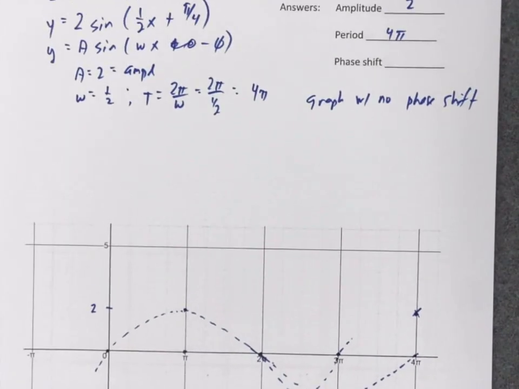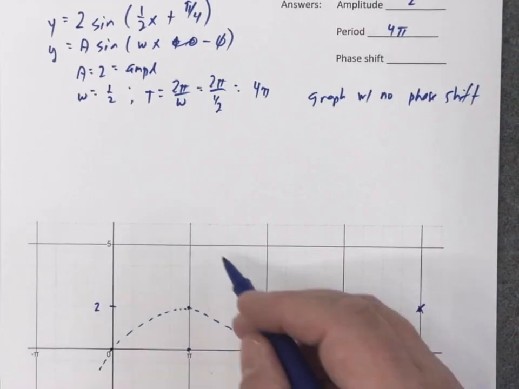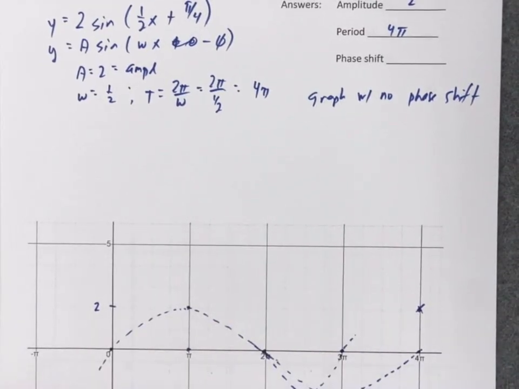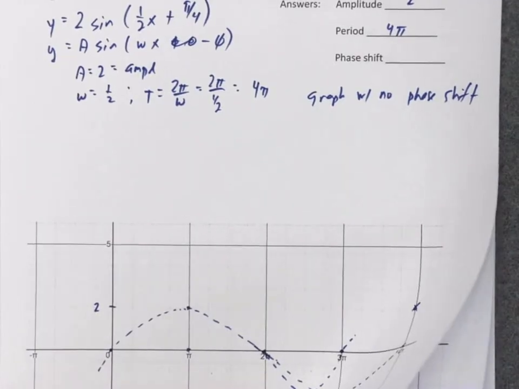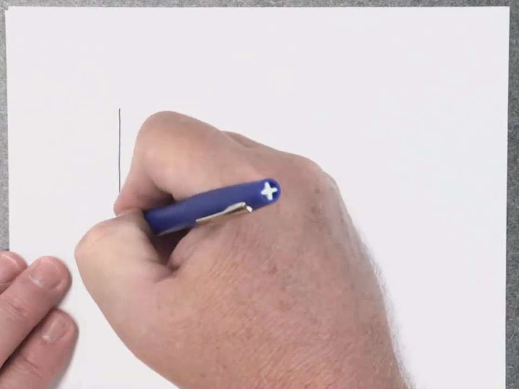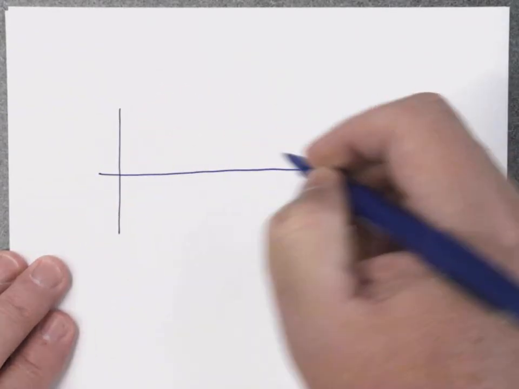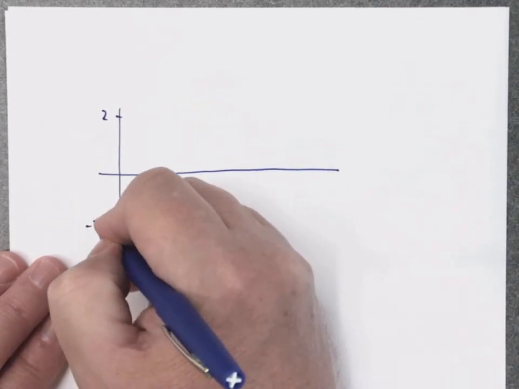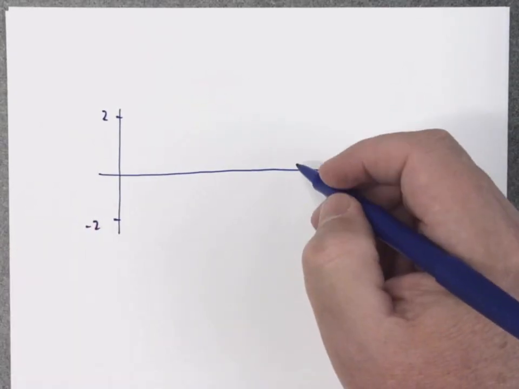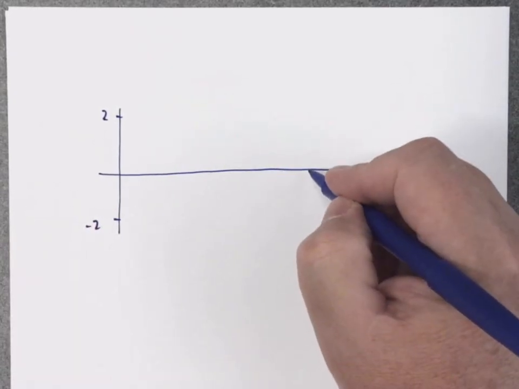On this homework, if you don't want to have to print this out, you've seen me do this in videos where you create your own graph. So I'm going to do that, since I butchered this pretty good. So once again, here's going to be my graph.